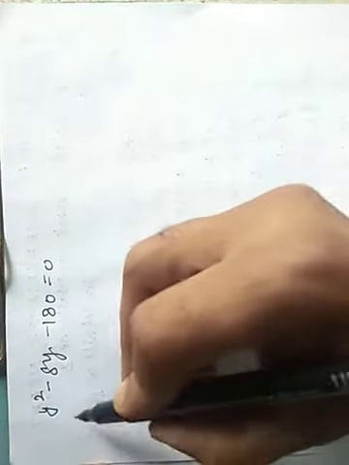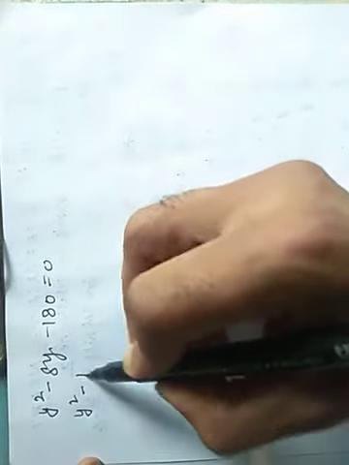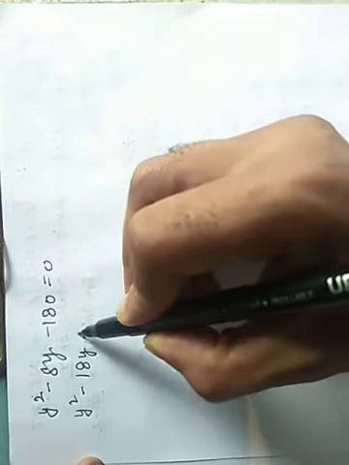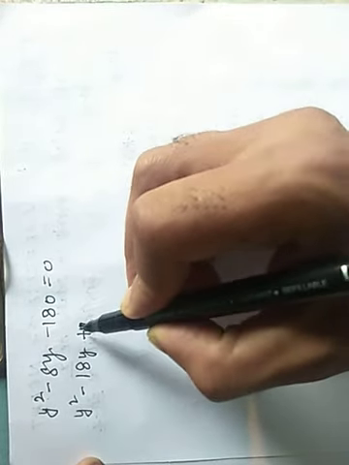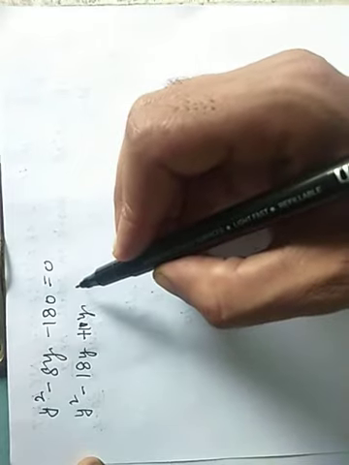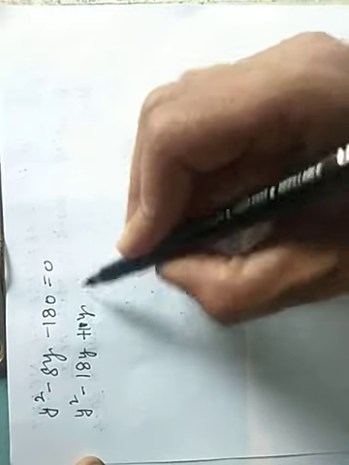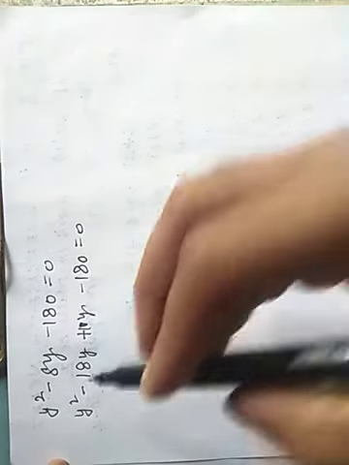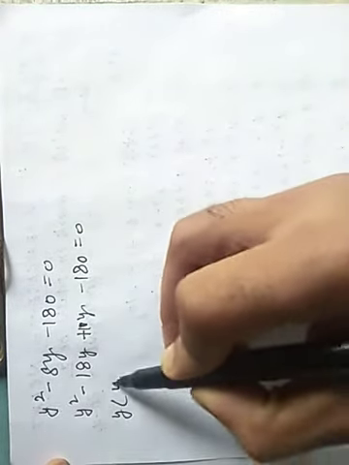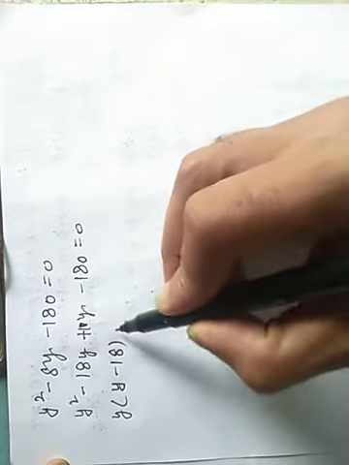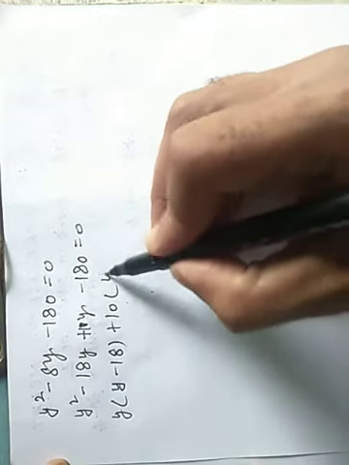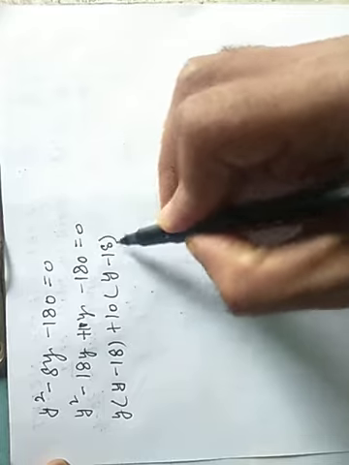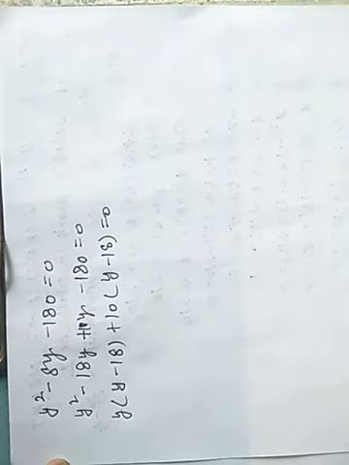We can also factorize it as y square minus 18y plus 10y minus 180 is equal to 0. So we can take y common from here. We will get y into y minus 18, and plus 10 common from here. We will get 10 into y minus 18 is equal to 0.